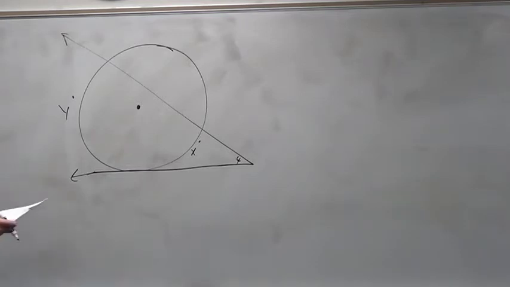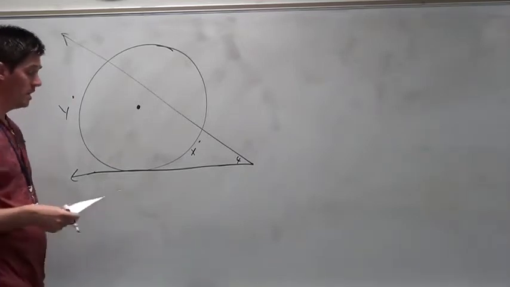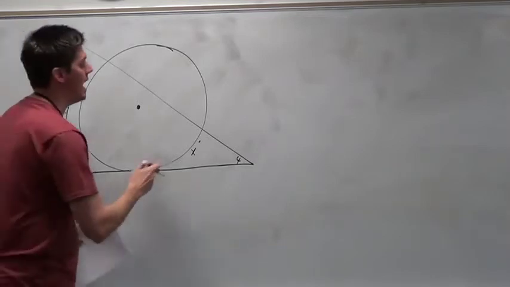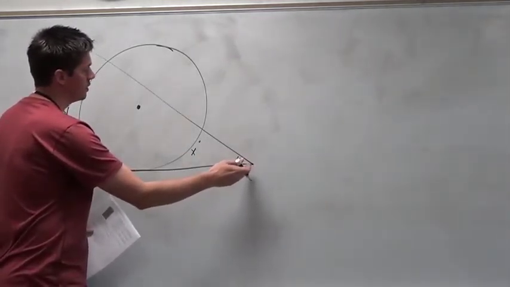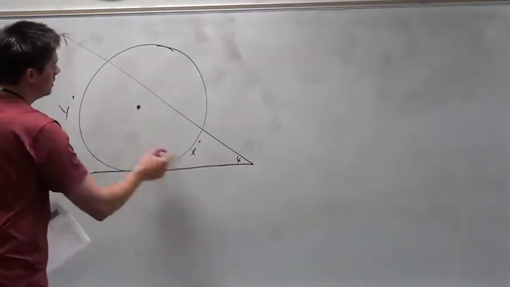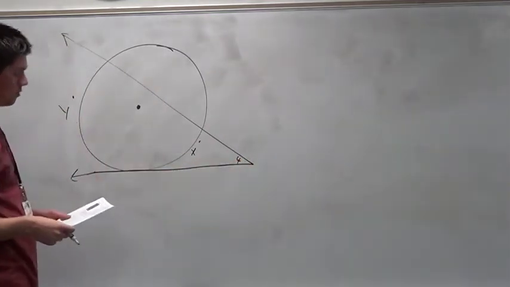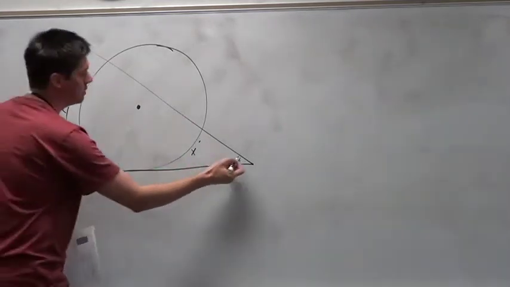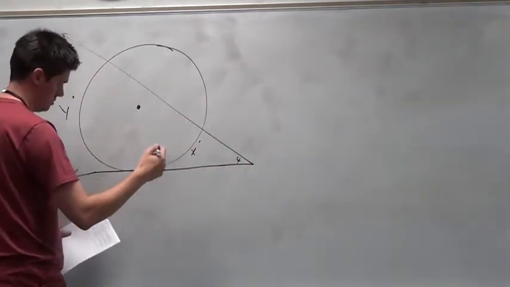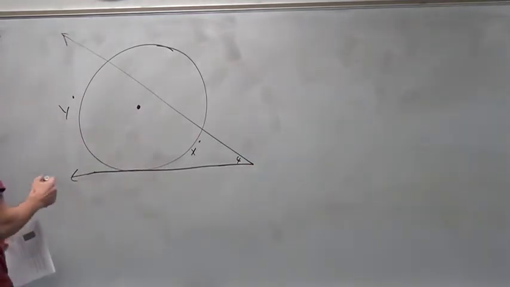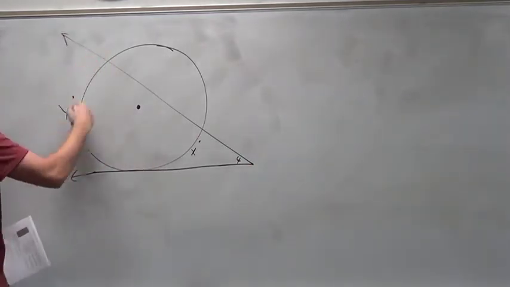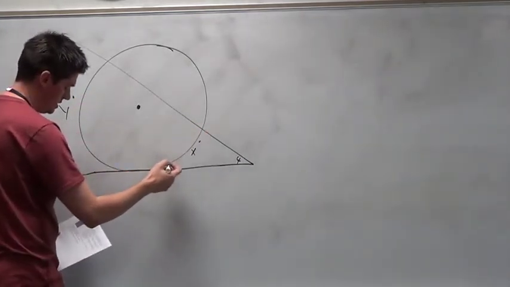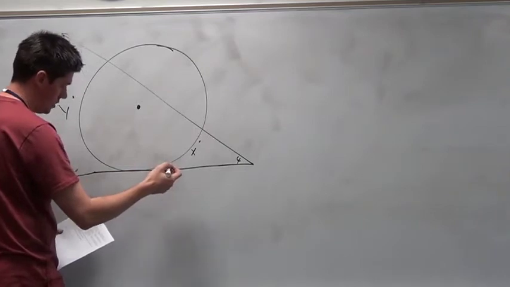If you look at question 5 there, how do we find this? Well, anytime you have an angle outside of the circle, you have a secant and a tangent working here. One line is a secant line and a tangent line. Anytime the angle is outside the circle, it's very simple. You're going to take the bigger of the arcs, in this case it's y, subtract the smaller of the arcs, which is x, and you're going to divide by 2.